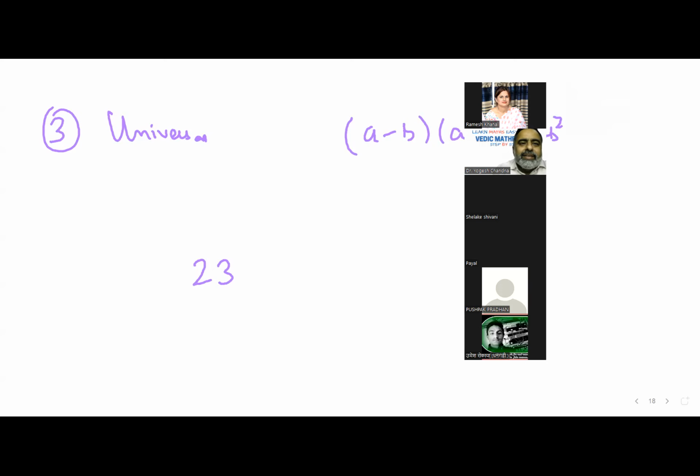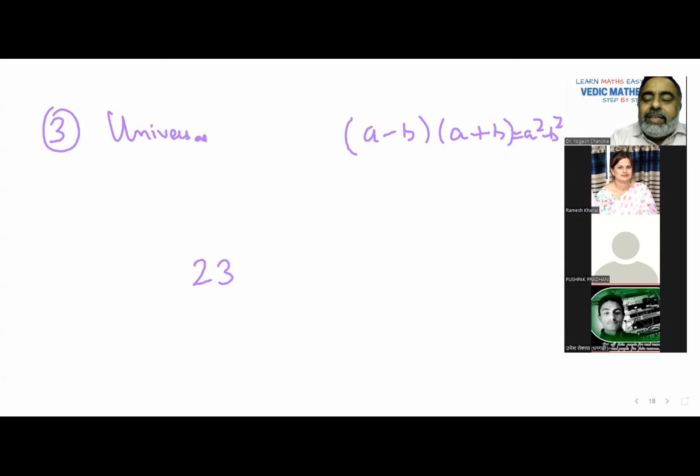Aman? No sir. Now, my target is I should have 0 over here. So, what should I do? Yes, Kamalji, Pushpak. So 20 plus 3. No, 23 is already there. I have to make it 0 at unit place. So, what should I do?